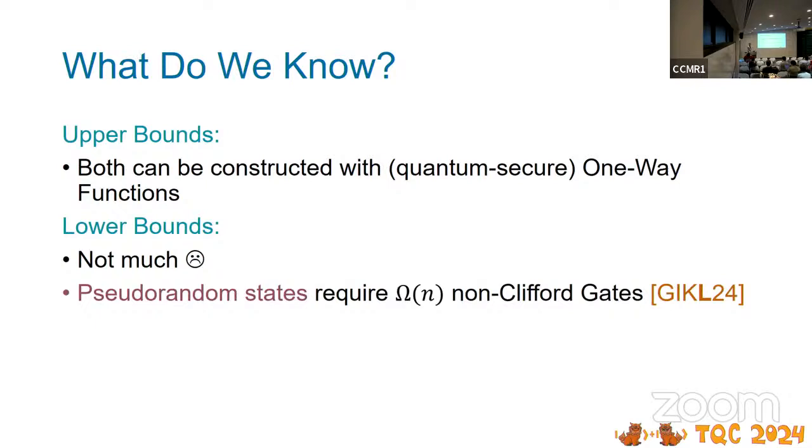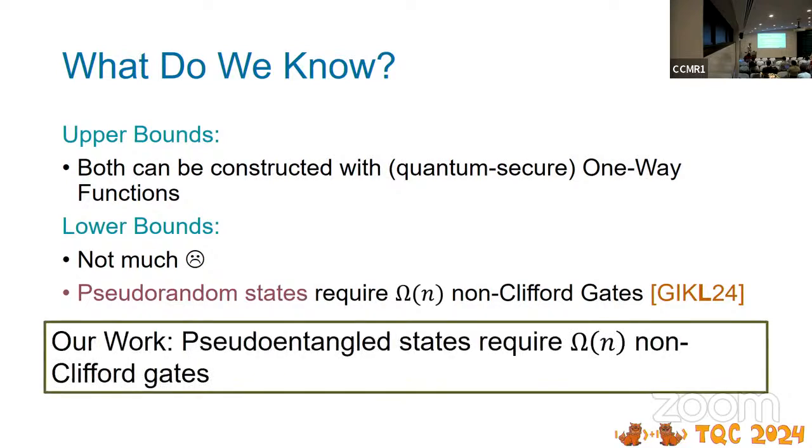So if you're in the Clifford plus T basis, then you need at least a linear number of non-Clifford gates to create a pseudo-random state. The point of this work is to show that the same lower bound holds for non-Clifford gates for pseudo-entanglement. So at least in terms of the Clifford plus T basis, you currently don't expect to be able to produce pseudo-entanglement using less non-Cliffordness as a resource than pseudo-random states. Does that make sense to everyone? Okay.